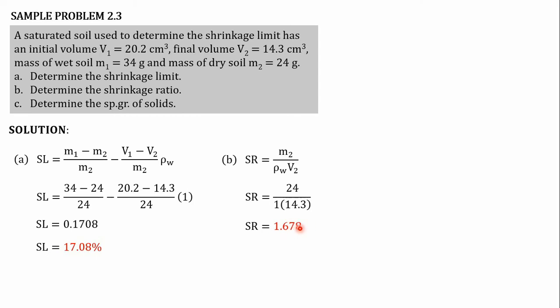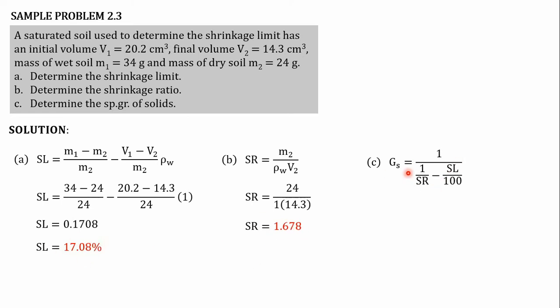So how about C? Determine the specific gravity. Specific gravity is equal to 1 over SR minus SL divided by 100. Take note natin, yung SL natin kailangan naka-percent to, kasi nag-over 100 tayo. Meron na tayong shrinkage ratio, ito yan, at meron na tayong shrinkage limit, 17.08%.